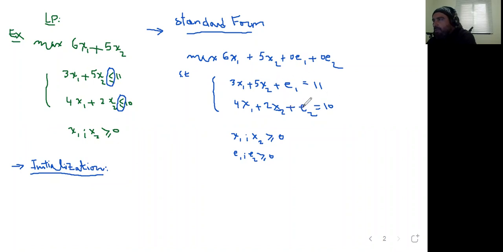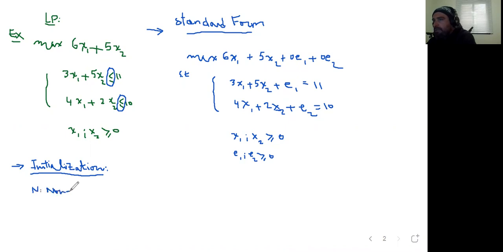Here, at this moment, since we have no idea on the form of the feasible region, we can still say that one possible feasible solution is to set all the decision variables x's to 0, and just consider that only the slack variables are non-zeros. So in fact, only the non-basic variables.